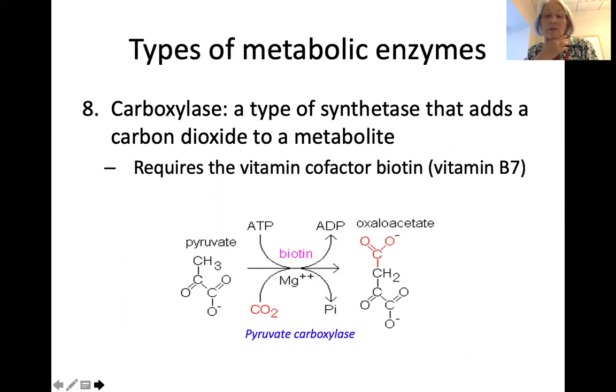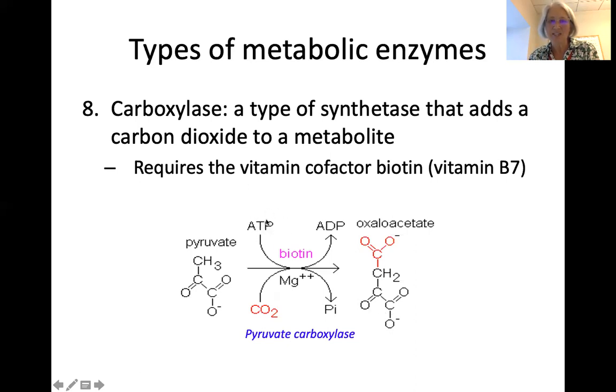So you should become familiar with pyruvate carboxylase. This is an enzyme that takes 3-carbon pyruvate and adds a CO2 group, and the product is 4-carbon oxaloacetate, which hopefully you recognize from the TCA cycle. Again, the energy of ATP is used.